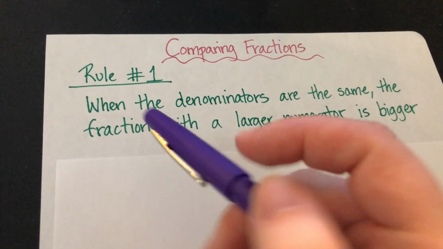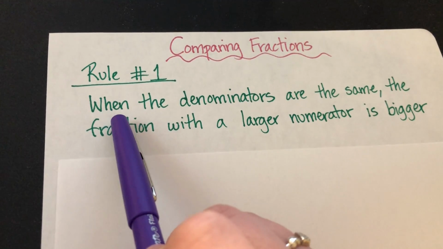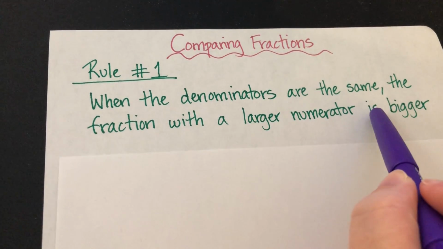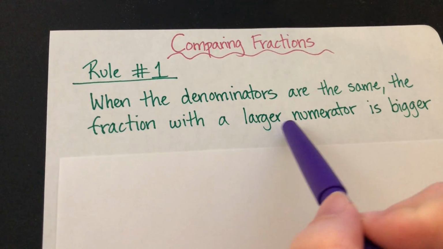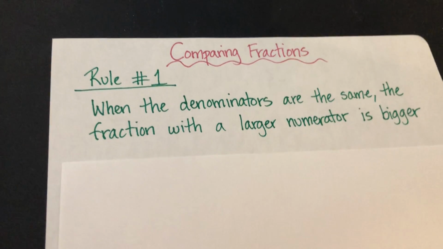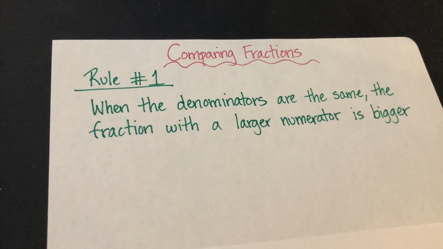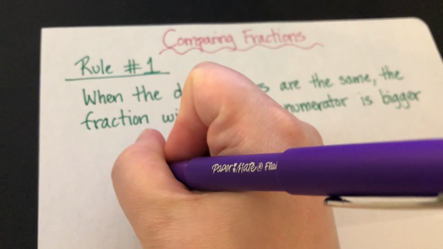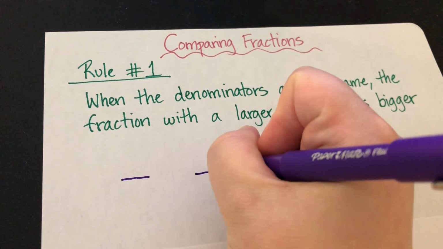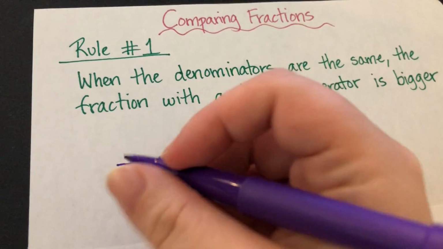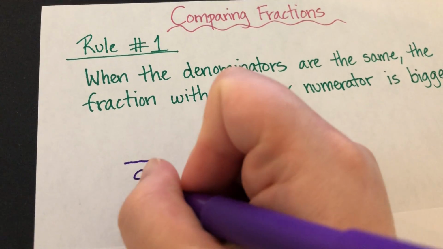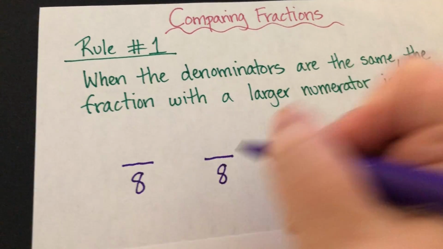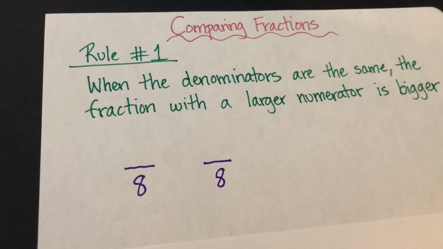Rule number one says that when the denominators are the same, the fraction with the larger numerator is bigger. Now I know that's a lot of words, so I'm going to go ahead and give you an example. I'm going to write two fractions here, and their denominators are going to be 8.